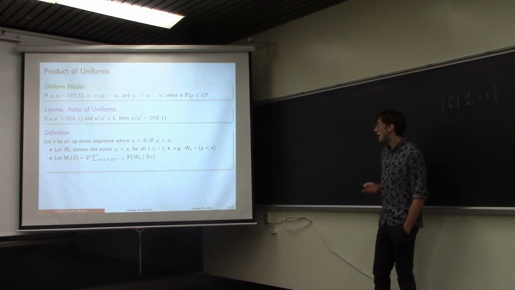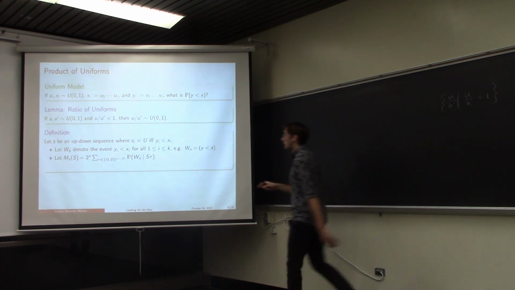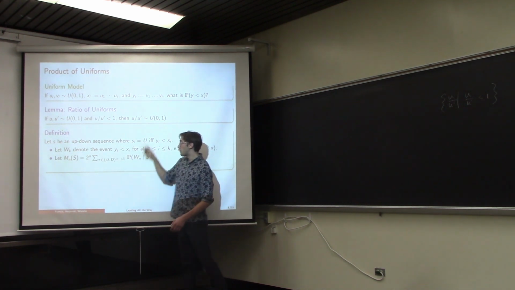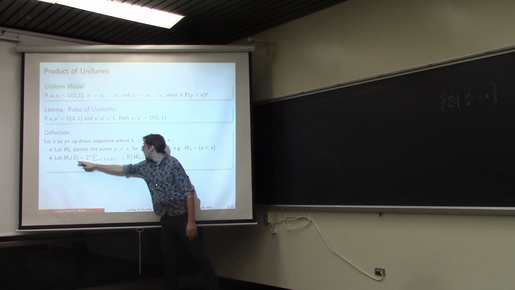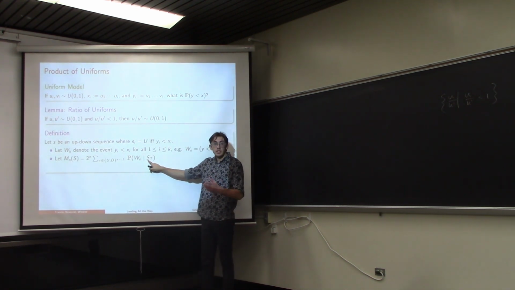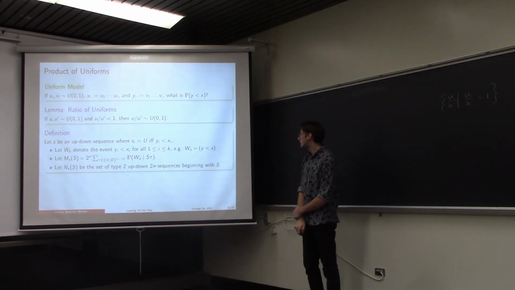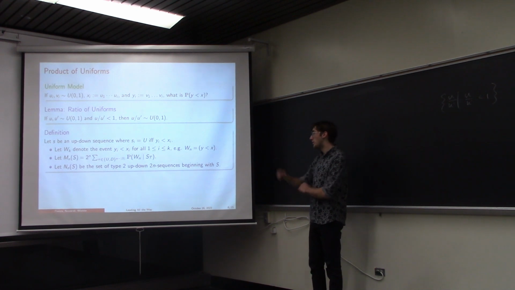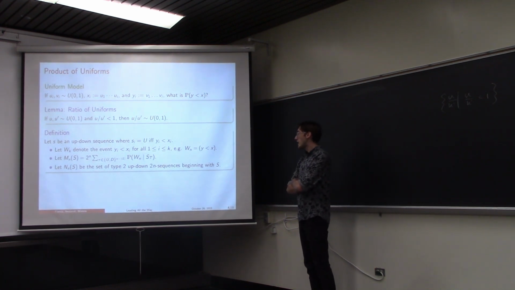And we're going to let M_n of s be 2 to the n times the sum over all of the up-down sequences that start with s. So s is given, but it's the probability that you win, given that you start with some particular sequence. And lastly, we're going to let N_n of s be the set of type 2 up-down 2n sequences beginning with s.